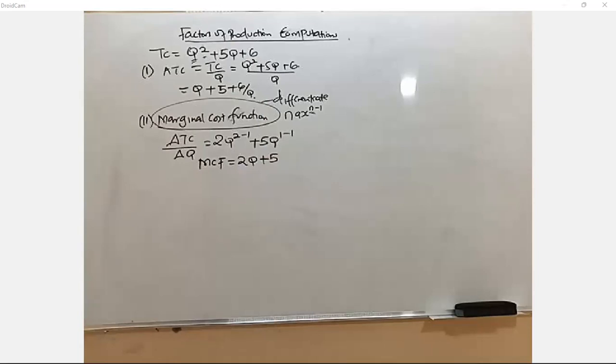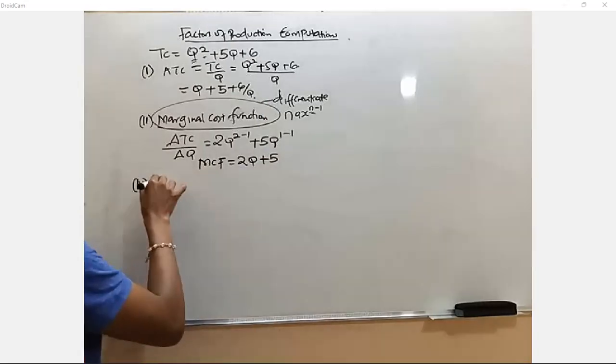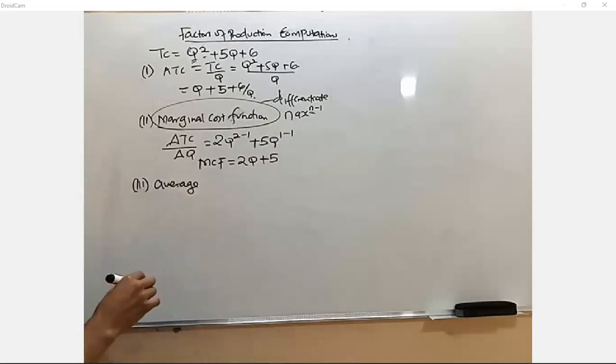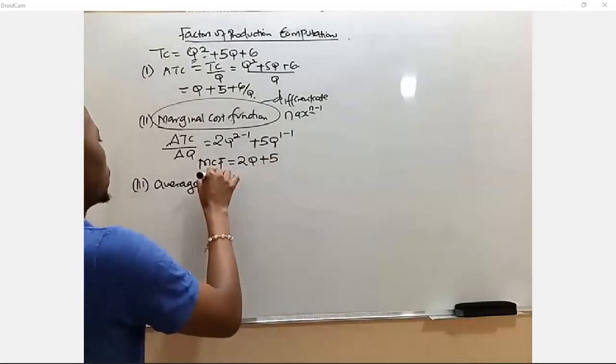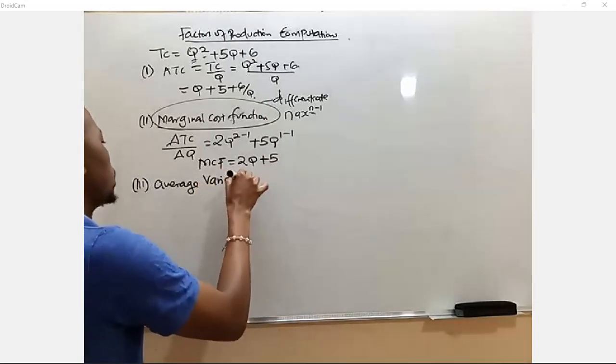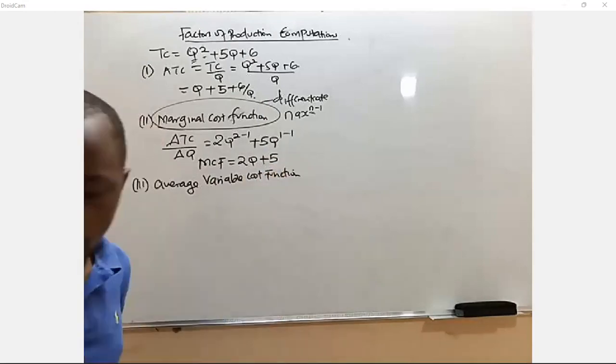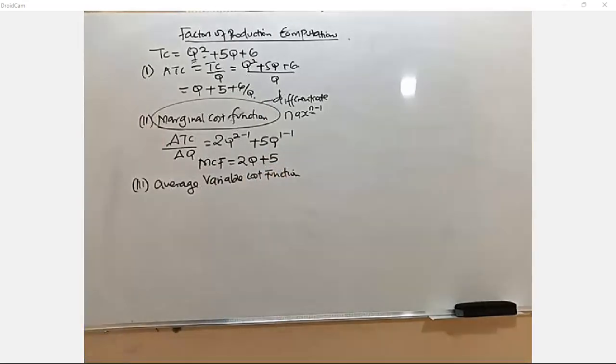Now, number 3, I can see the examiner is asking us to compute the average variable cost function. When they're asking about the average variable cost function and they give you the value of Q, that is just confusing you.